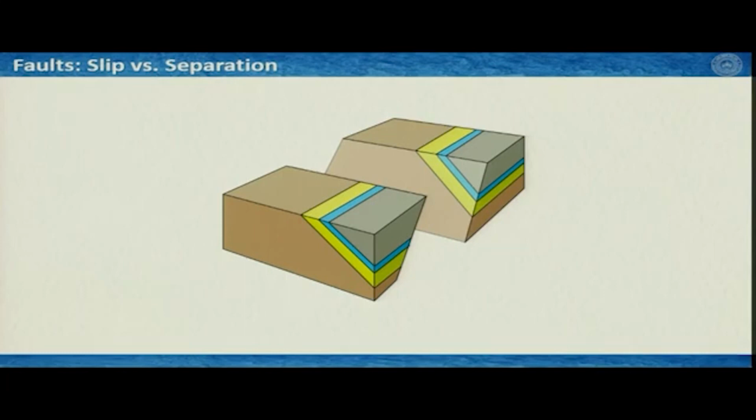So, what we see here, first of all, is that in this illustration the bedding planes are not horizontal like before. Here the bedding plane has a dip, and this is the strike of the bedding plane and this is the dip of the bedding plane.